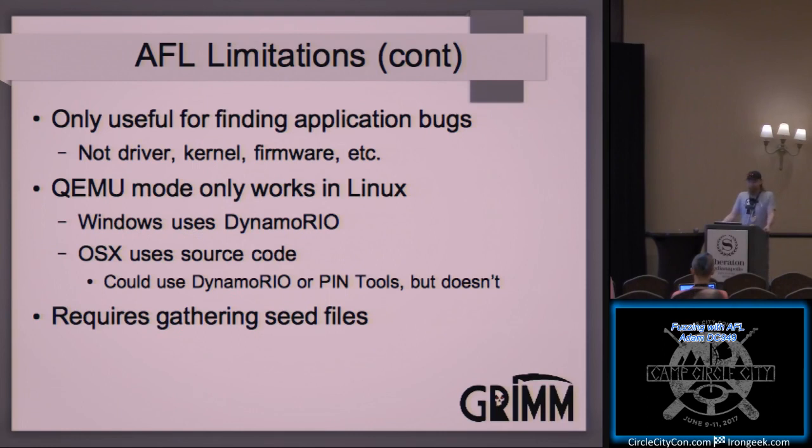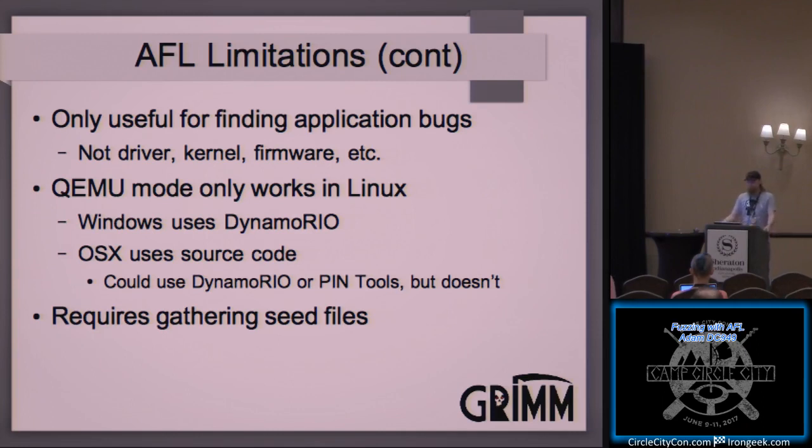QEMU mode only works in Linux. So there was an effort to port that feature to Mac OS so that it could run on Macs, and it got abandoned pretty quickly. So that doesn't exist there, and it doesn't exist in Windows at all. Windows uses DynamoRIO. That was the binary instrumentation that I mentioned earlier that rewrites the binary as it executes.